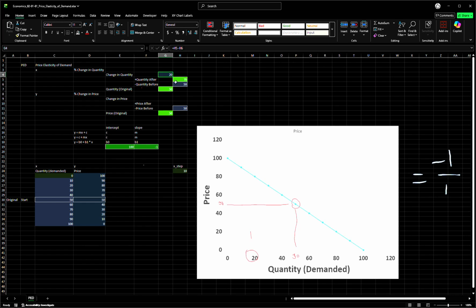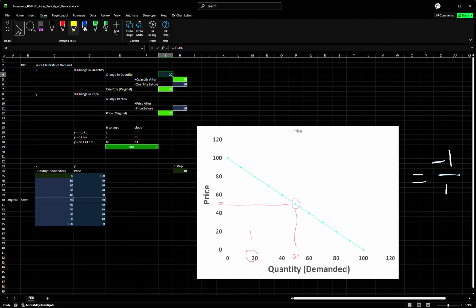Price after is basically your intercept plus the slope times your quantity. And since it's the quantity after, it's 30. So here we use the formula.